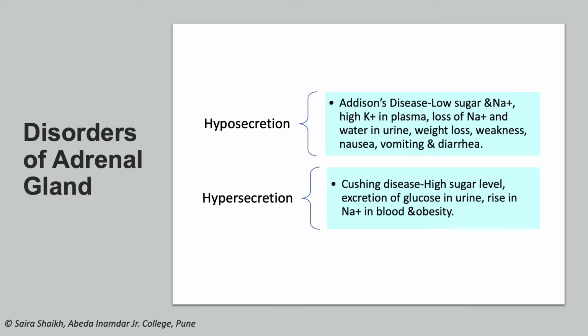Addison disease or Addison syndrome is because of hypoactivity of the adrenal gland. The glucocorticoid secretion is less.